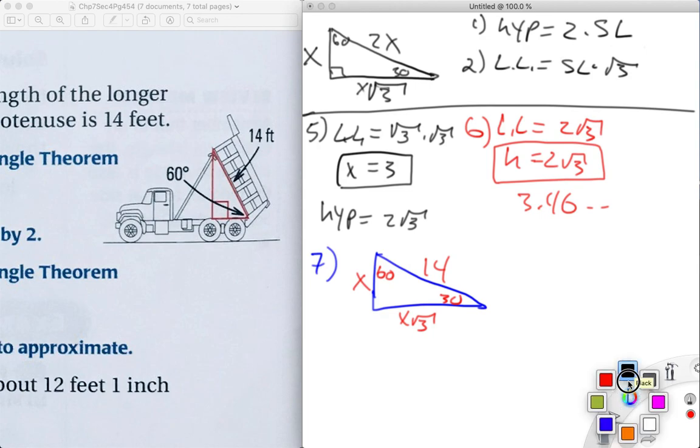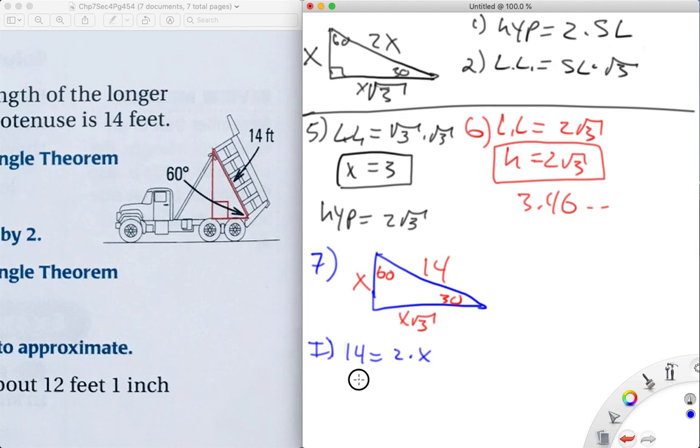Whenever they give you a 30, 60, 90, and they don't give you what the legs are, the first thing to do is to find the shorter leg, because if they give you the hypotenuse, you can use that to find the shorter leg. So part 1, find the short leg. And that's going to be the hypotenuse is equal to the short leg times 2. So divide by 2.